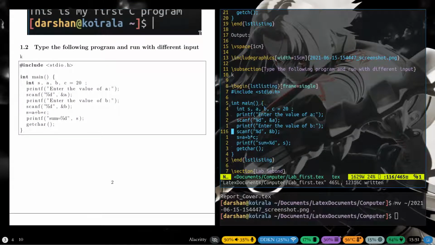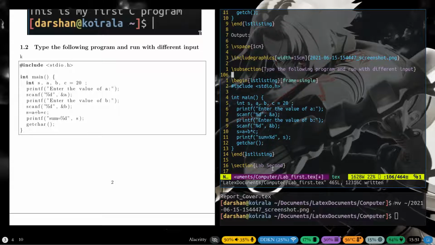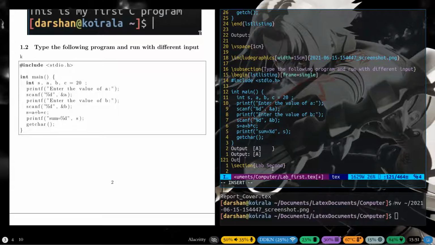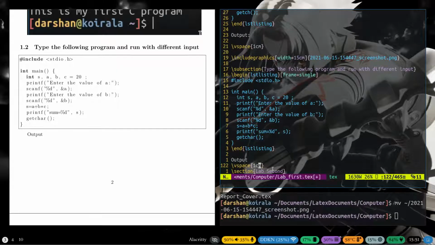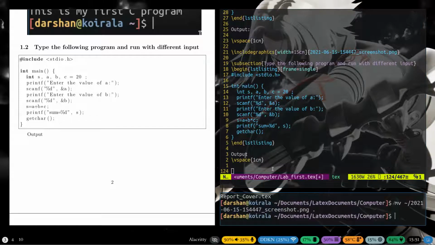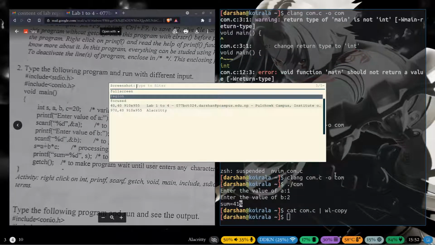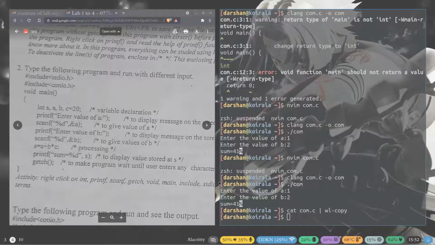Why is the K there? Output, and this space is, you know, 1 centimeter. So I have to screenshot that thing. This one is to be screenshotted.